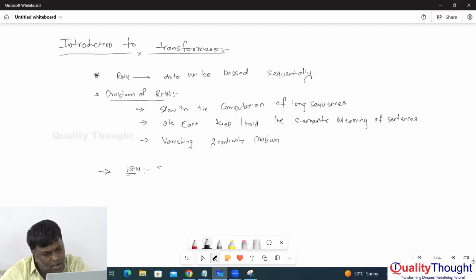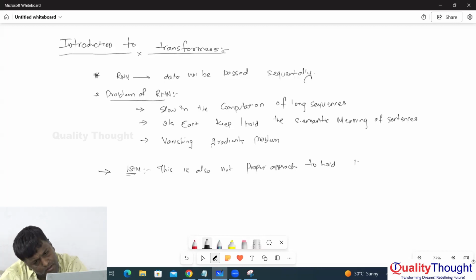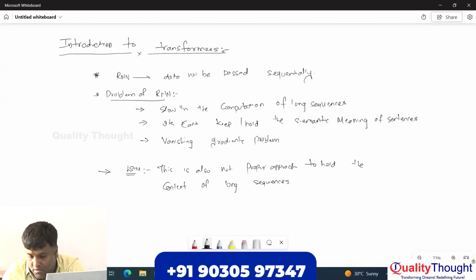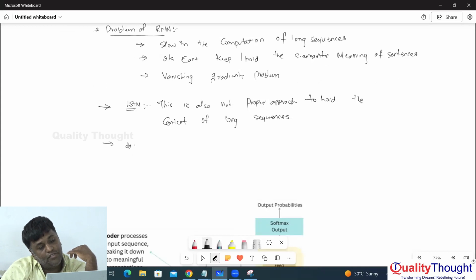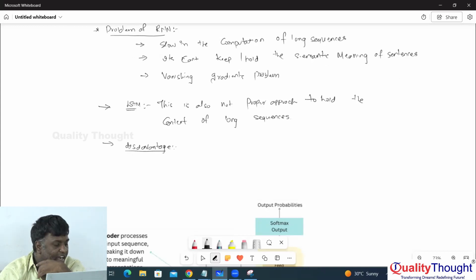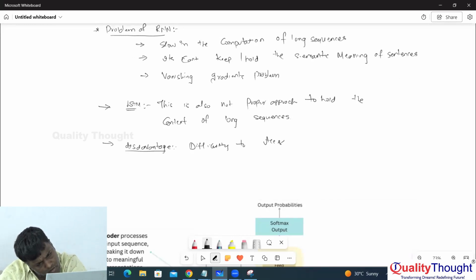This is also not able to hold the context of longer sequences. And one of the biggest disadvantages of this approach is the difficulty to access the data of long time ago.